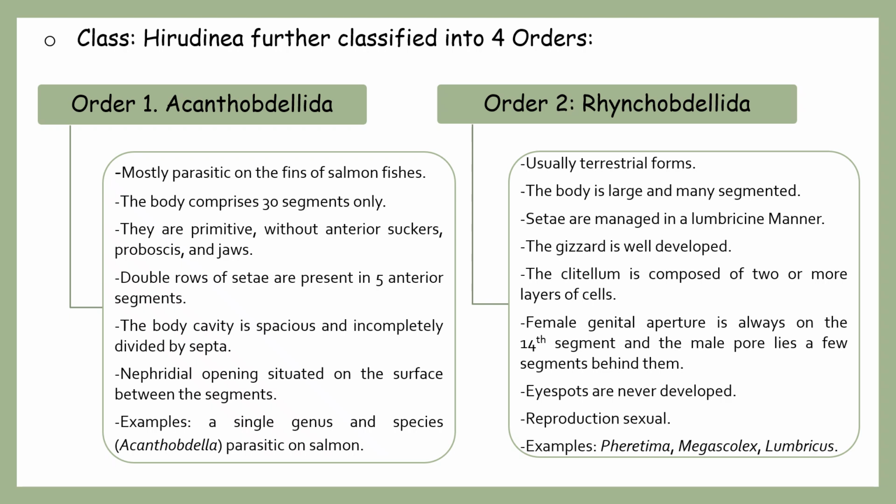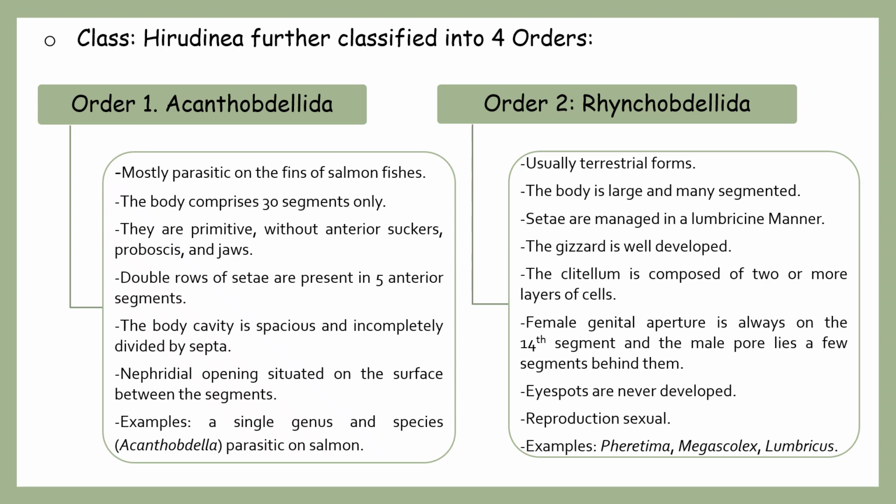So this class Hirudinea is further classified into four orders. Order 1 is Acanthobdellida, and order 2 is Rhynchobdellida. Coming to order 1, Acanthobdellida, most of them are parasitic and they live on the fins of salmon fish especially.